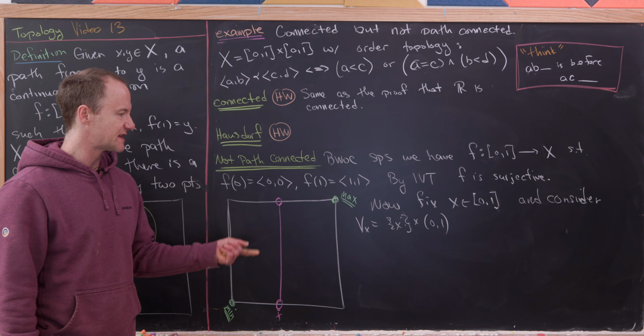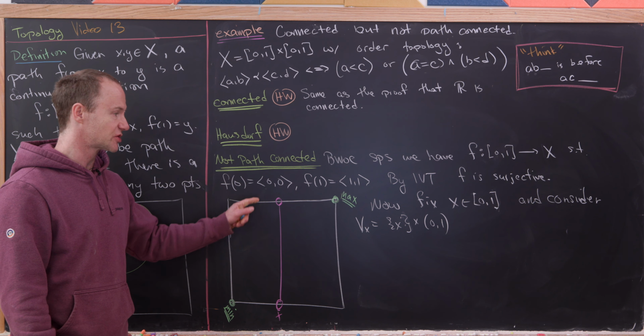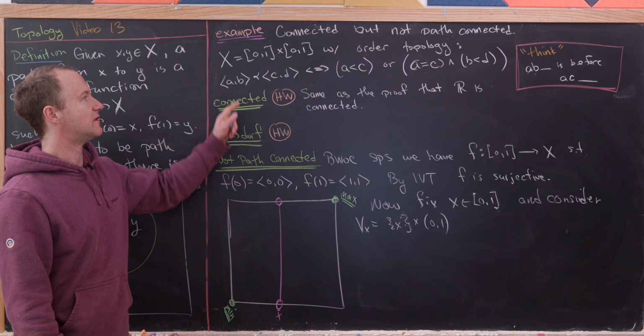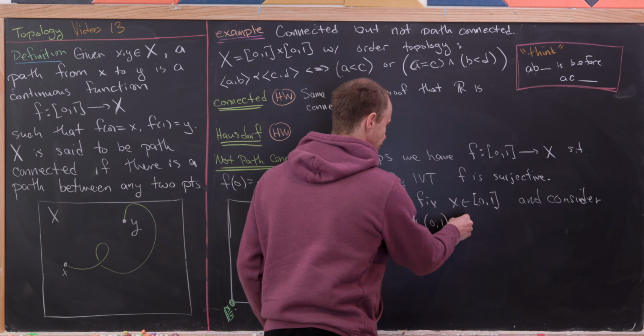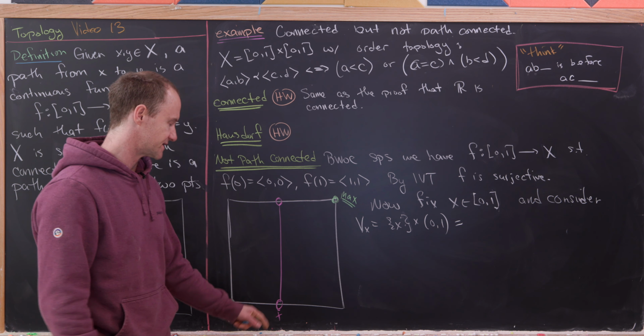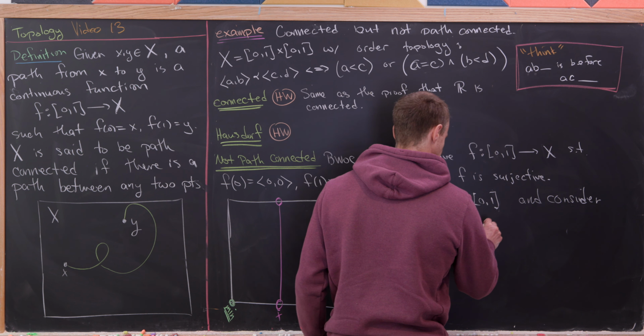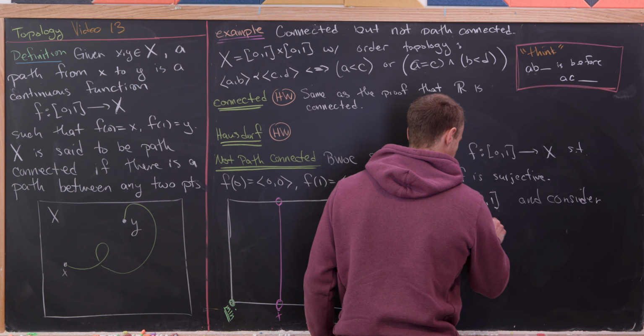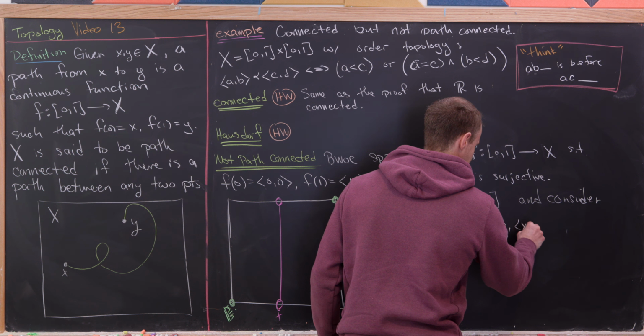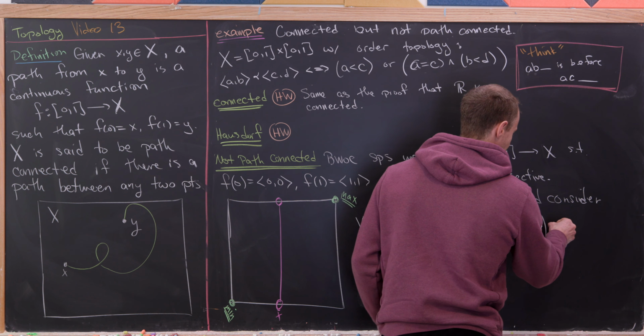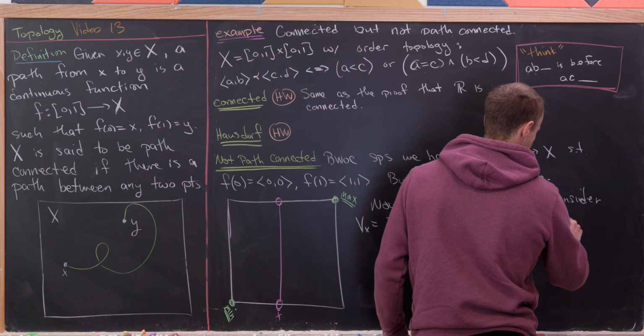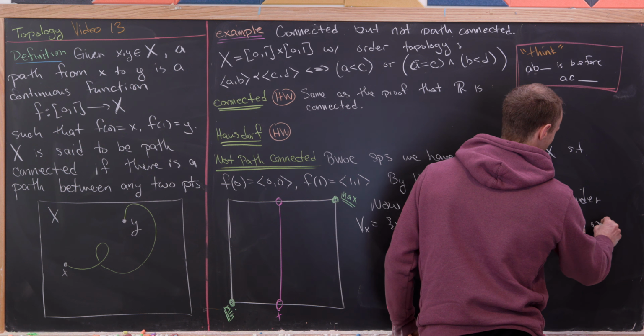But now let's notice that V sub x is an interval in the order topology, and we could actually write down what interval it is. So notice it's the interval that goes from (x, 0) to (x, 1). But that tells us that it's definitely open.